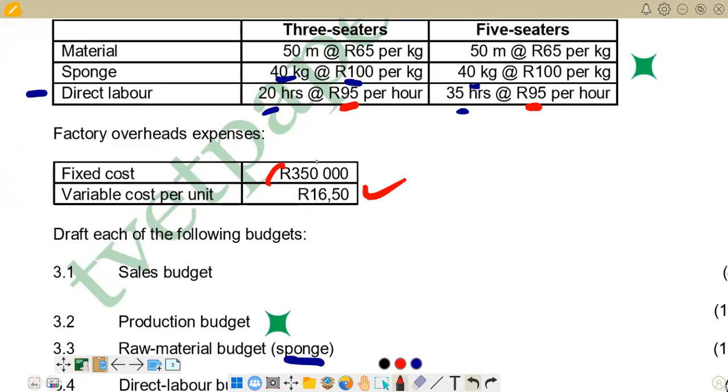350,000 rands. So it means this fixed cost applies both to 3-seaters and 5-seaters. So the total fixed cost for 3-seaters and 5-seaters is 350,000 rands. But for variable costs, we are calculating them separately, and then we add them to get the total. So we go back there to enter those figures.